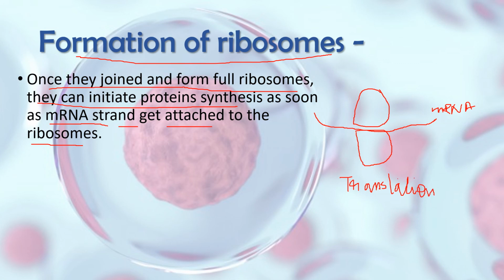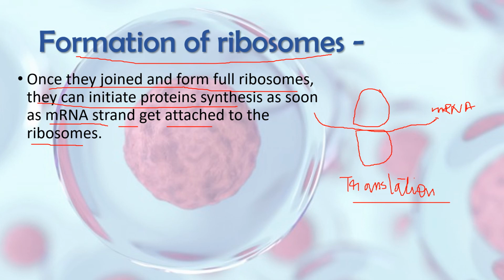Hope you understand what the nucleolus is, how rRNA synthesis takes place inside the nucleolus region, and how the ribosomal proteins are transported from the cytoplasm to the nucleolus and assembled with the respective ribosomal RNAs to form the subunits of ribosomes.